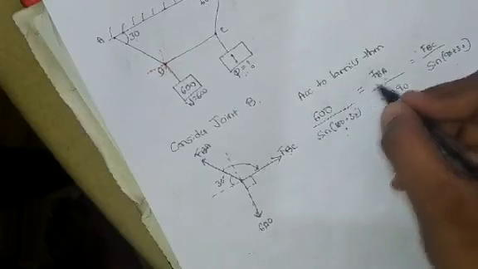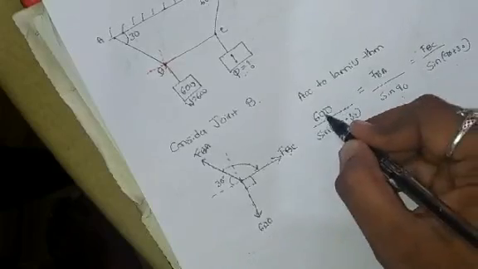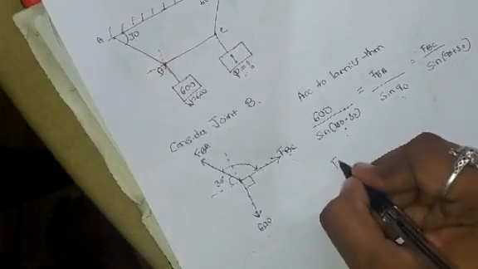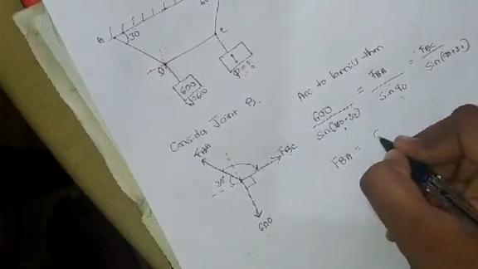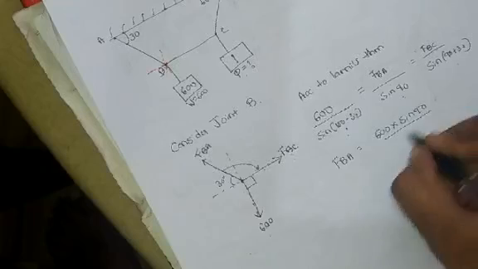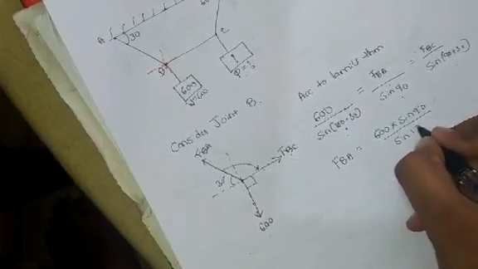Now we know 600. We first equate these two to get the value of FBA, and then we equate these two to get the value of FBC. So FBA is equal to 600 into sine 90 divided by sine 150.